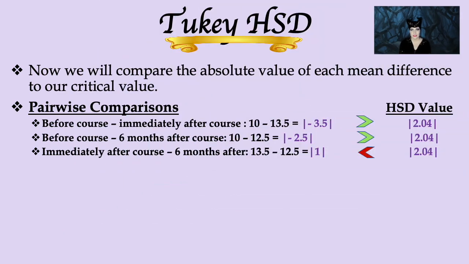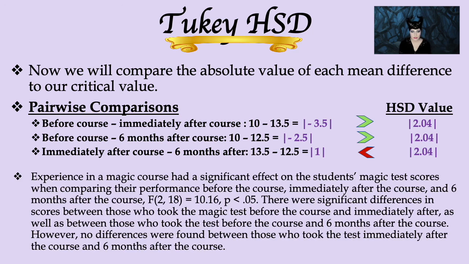So if we put this into a big juicy conclusion, we could say that experience in a magic course had a significant effect on the students' magic test scores when comparing their performance before the course, immediately after the course, and 6 months after the course. F, degrees of freedom 2, 18, equals our F computed value 10.16, p less than 0.05.